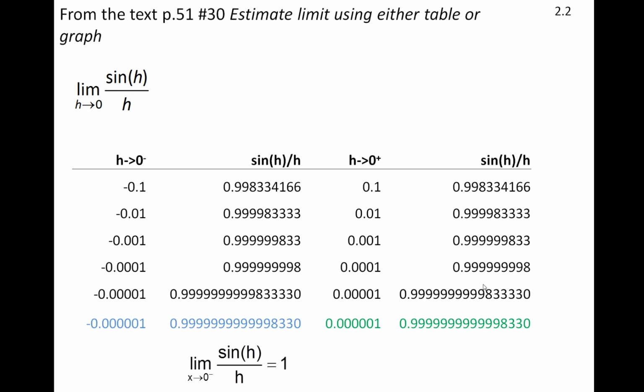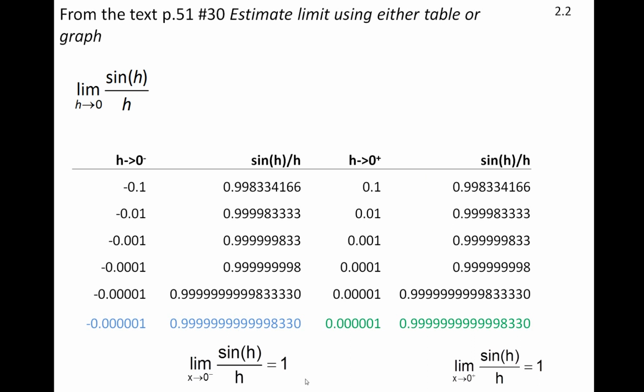But in terms of the sequence of points, as h goes to 0, but strictly larger than 0, all of them are positive, and we see that the function values are as close to 1 as we want.